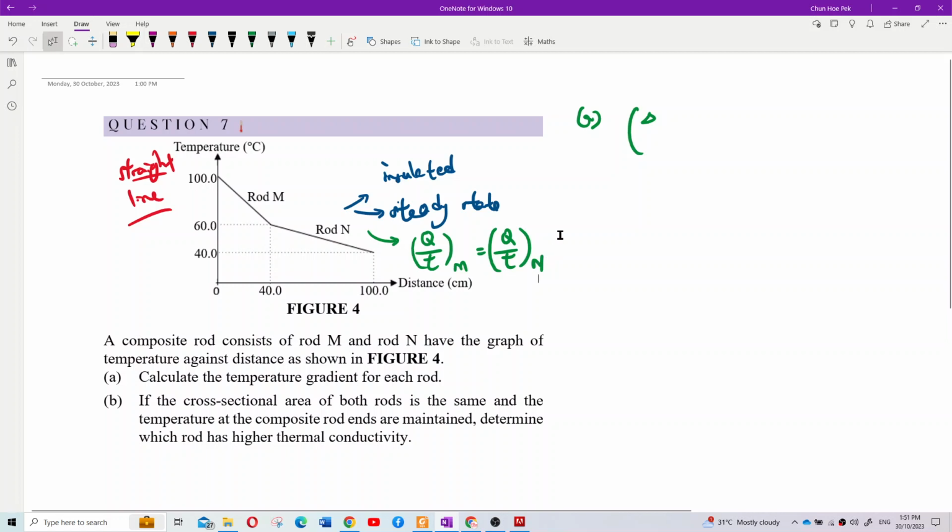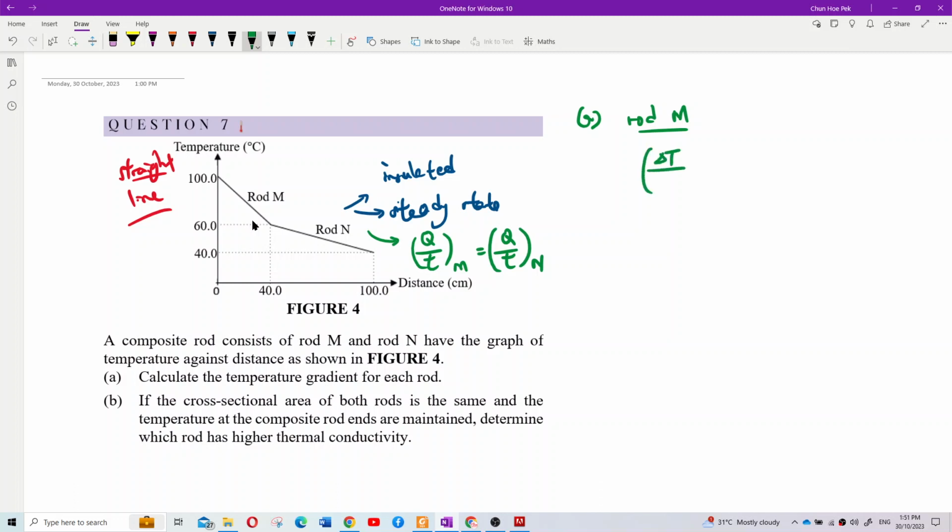Okay. Now, A, temperature gradient for each rod. So for rod M first. The temperature gradient delta T over L for M is 60 minus 100, final minus initial, over the length.